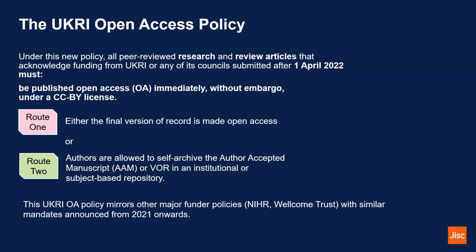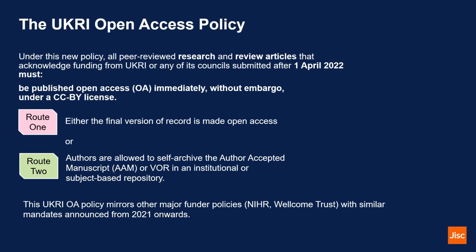And there are two routes to do this. You can either go route one, which is fairly straightforward, and that's to have the final version of record made open access. And that's to be published open access immediately without embargo and under a CC BY license. Then we have a second option, route two.